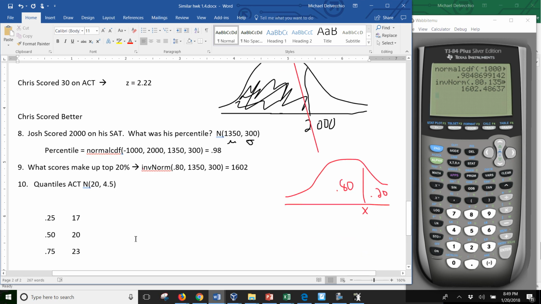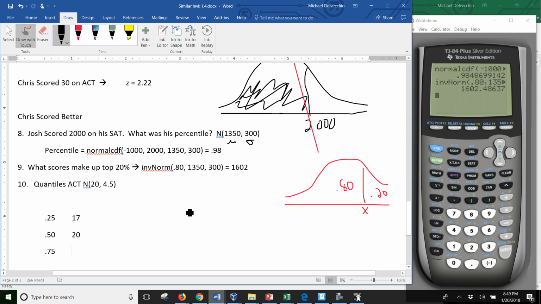All right, our last one, I'll do one of these quantiles. It says the ACT scores were normal with a mean of 20, a standard deviation of 4.5. Find these quartiles. So let's just take a look at the third quartile. So pretend we didn't see that answer. So remember, the third quartile means that, let's put X here, that 75%, okay, did that or less.